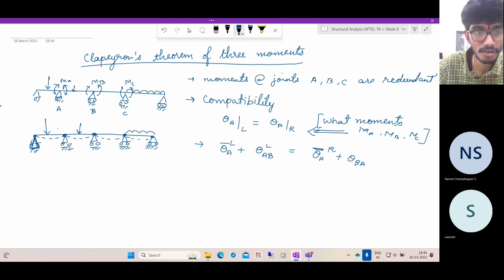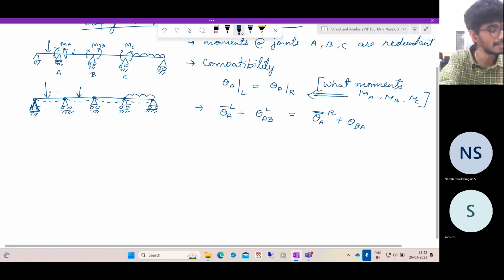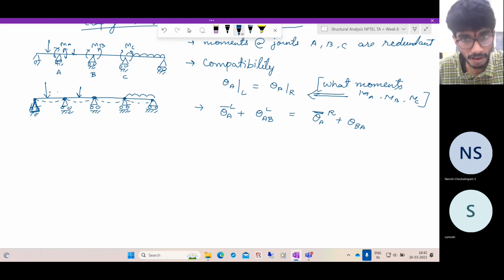Once you do this, when you analyze each of the simply supported beams, you can use the conjugate beam method, the moment area theorem, any method, or even the unit load method. At the end, let me write down the expression that we get for the 3 moments for solving the compatibility equation, so that we can use it for the problems.